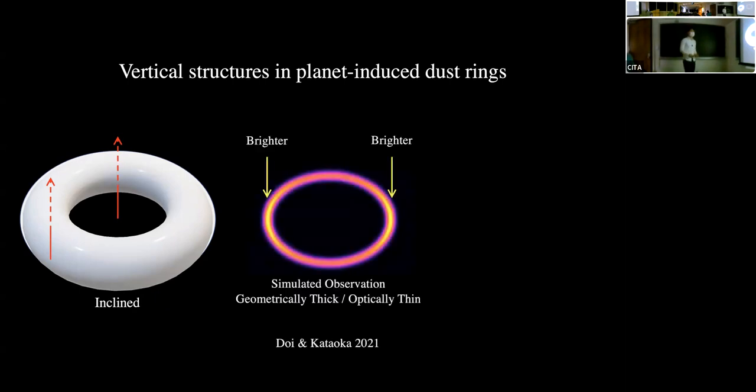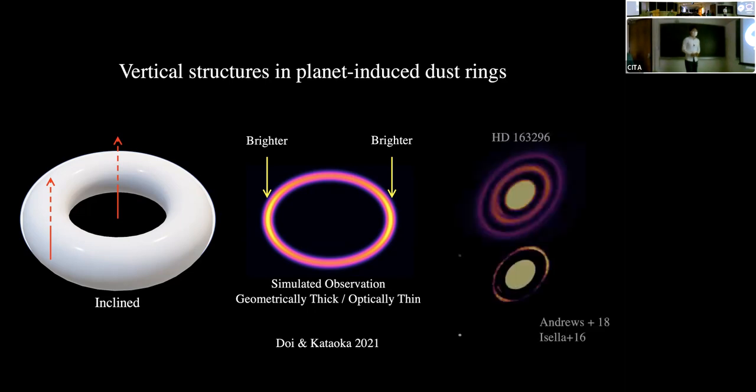This will result in the following effect. This is a simulated ALMA observation. The two ends along the major axis will be brighter than the rest of the ring. Such a phenomenon may have already been detected. The right two panels show a real ALMA image of the disk HD 163296, which shows a bunch of rings.